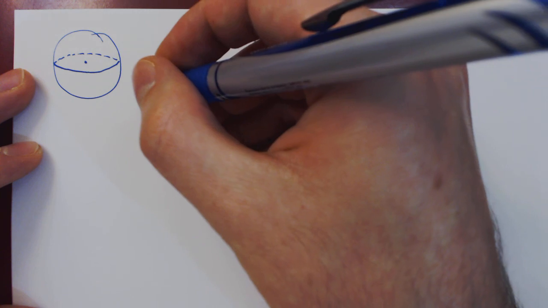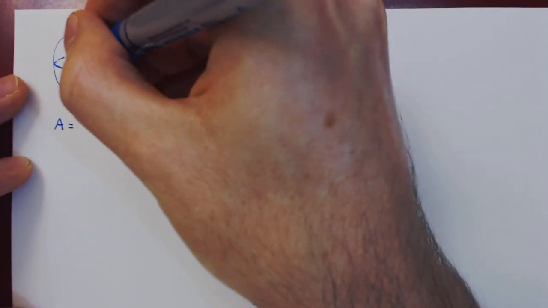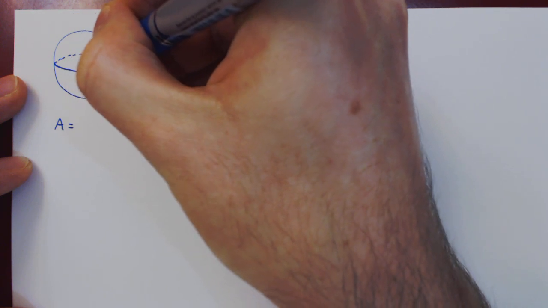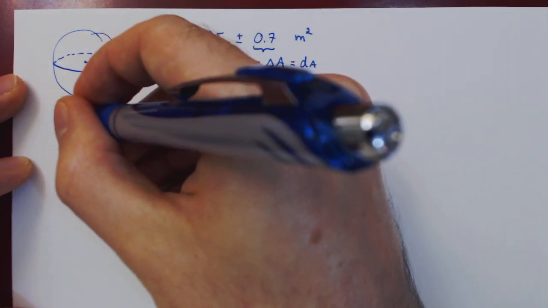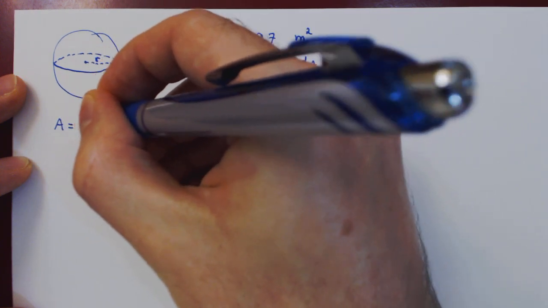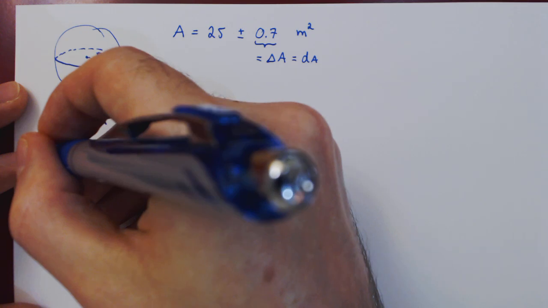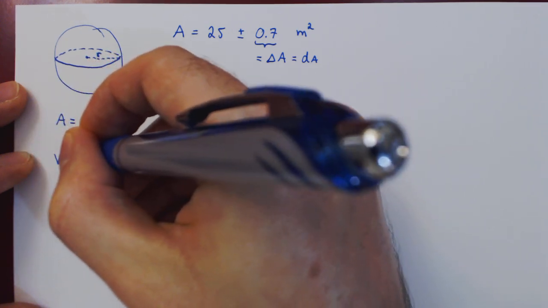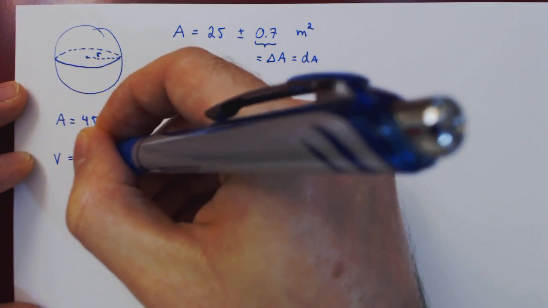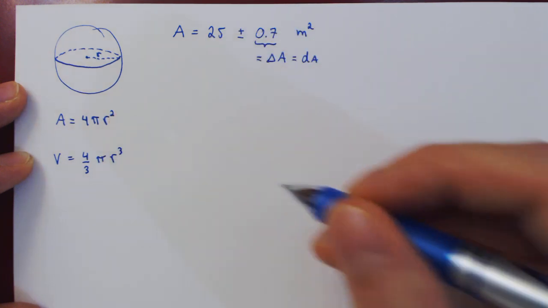So the area of a sphere of radius r is equal to 4 pi r squared, and the volume of a sphere of radius r is equal to 4/3 pi r cubed.